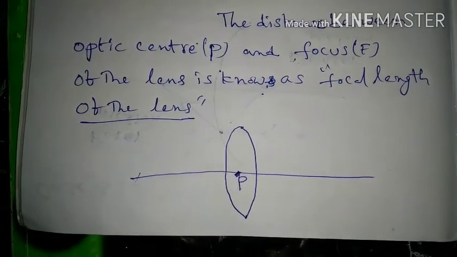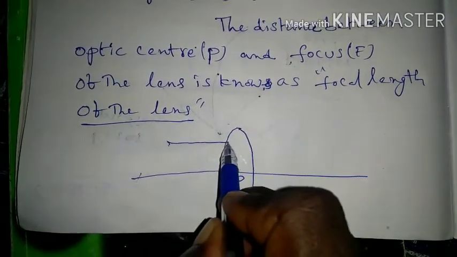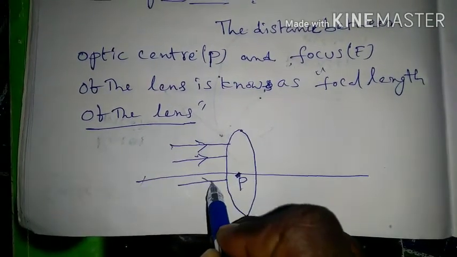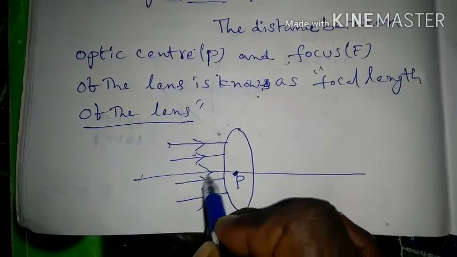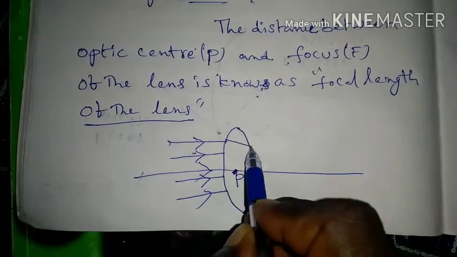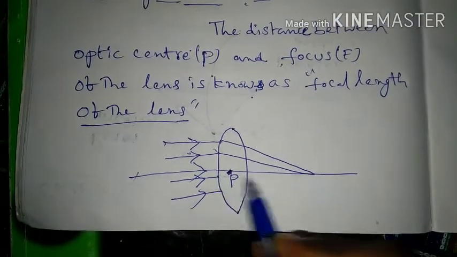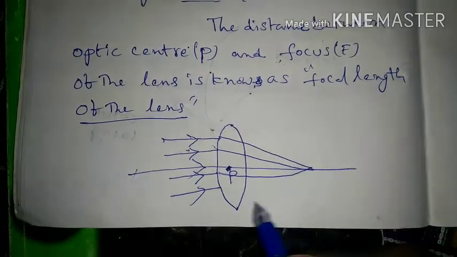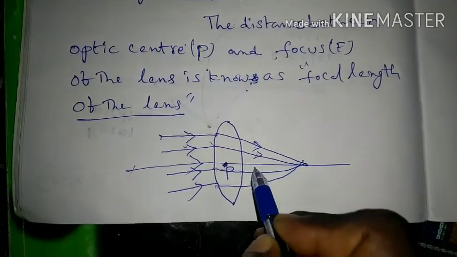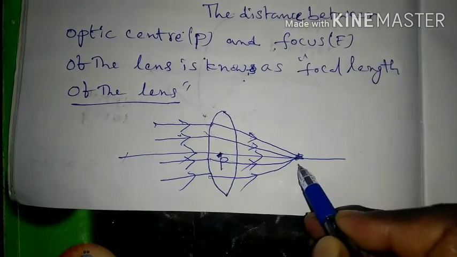After that, the parallel rays passing through the lens converge. This point is called focus.